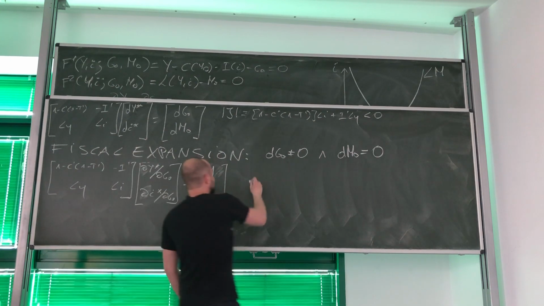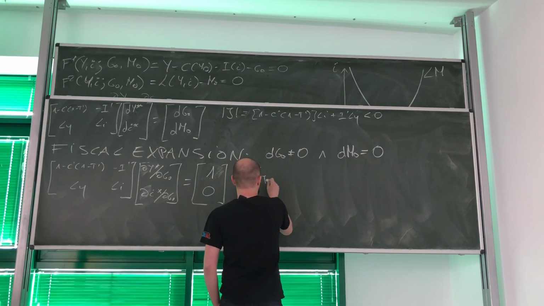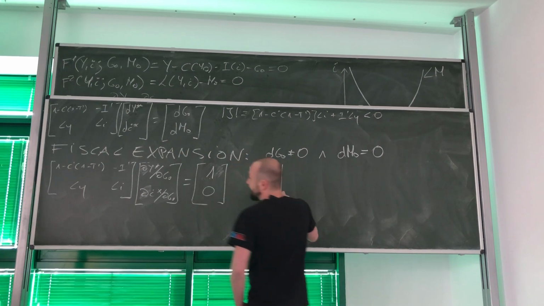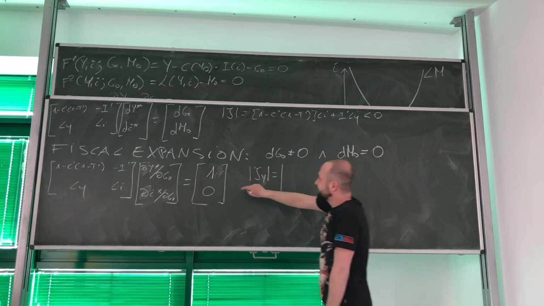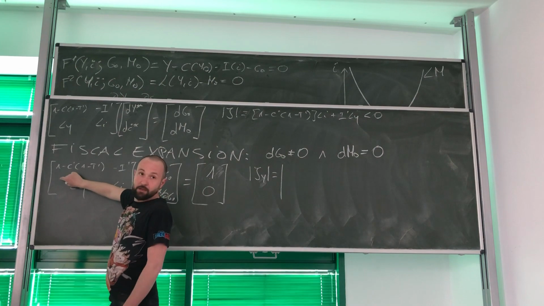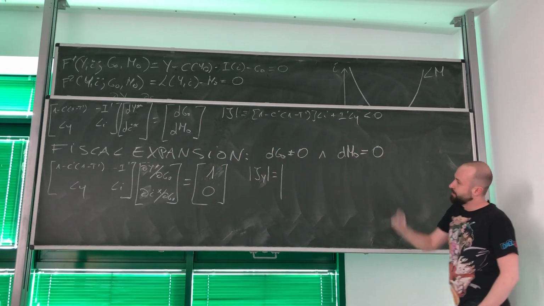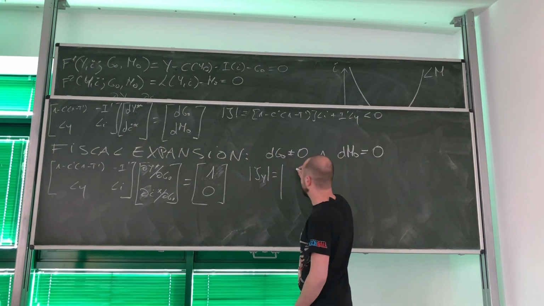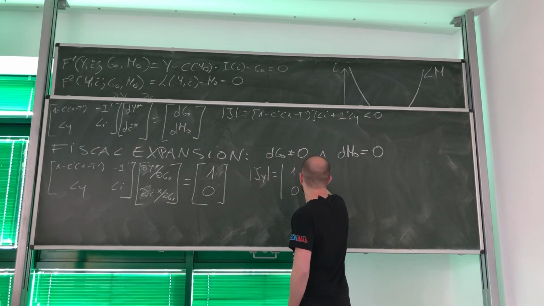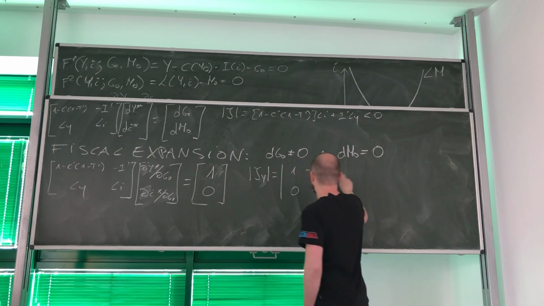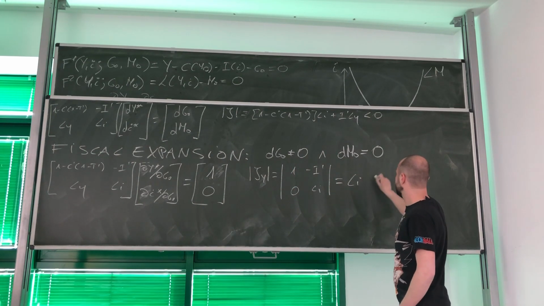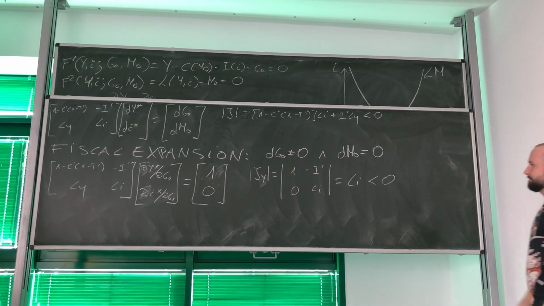So again, I'm going to start by calculating the Jacobian y now, and I'm replacing the first column of the determinant of the matrix of coefficients with the vector of exogenous terms. So I got 1, 0, I prime, Li, which is equal to Li, which we know is lower than 0.